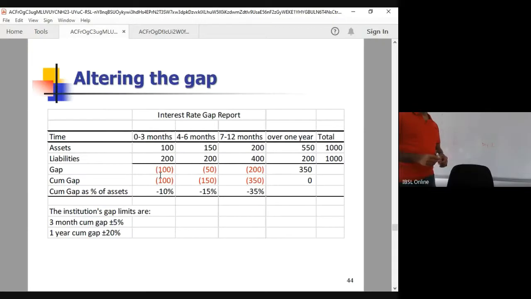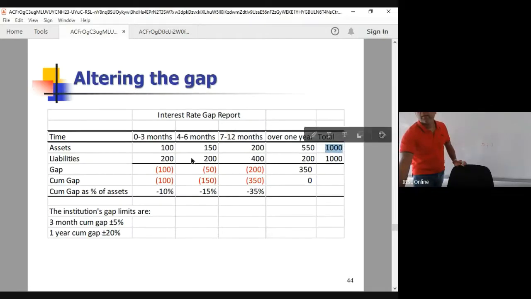So you're looking at everything that you have. Your total assets here is 1,000, the far right-hand column. Against that, you have a 10% negative gap in your 3-month bucket.